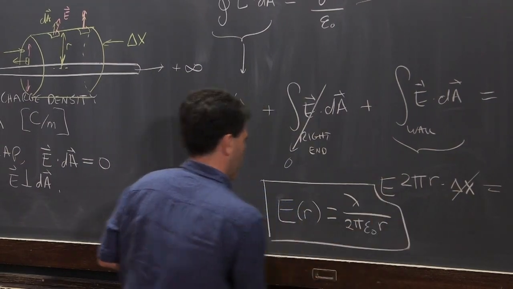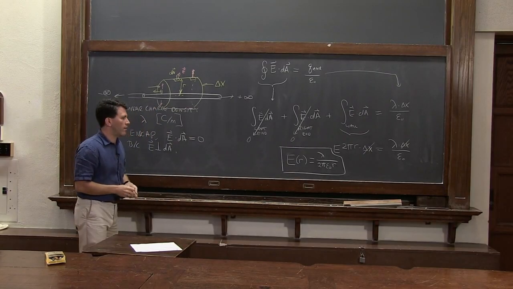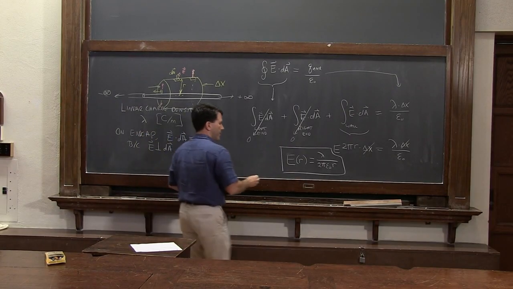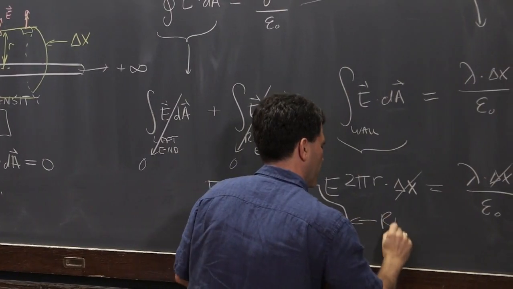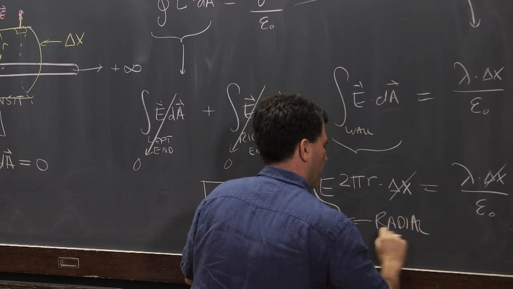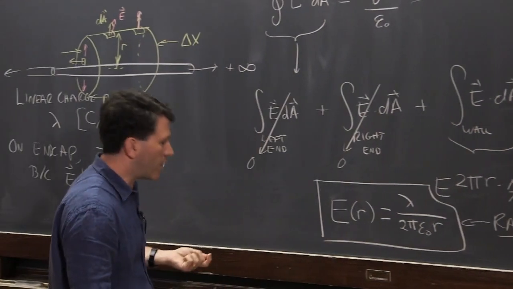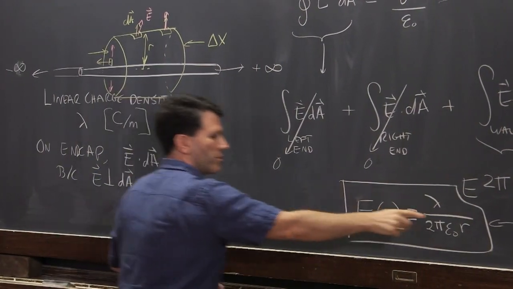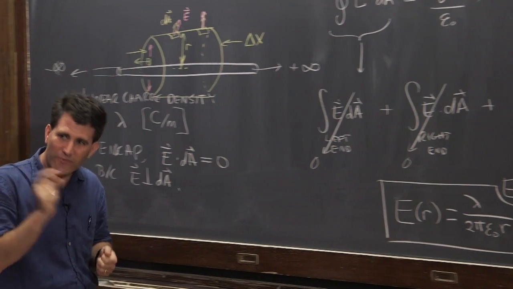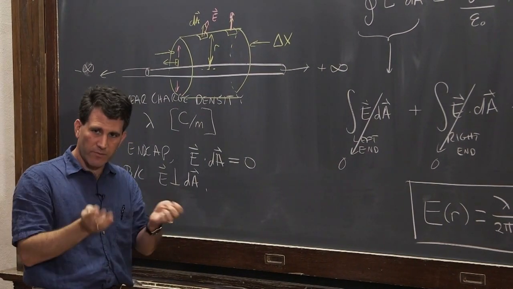And that is sort of our big result that we were going for. And again, vectorially, this is a radial electric field. So if you wanted to, you could stick a vector sign here and put a little r hat, a little unit vector pointing in the r direction to give you the complete expression.